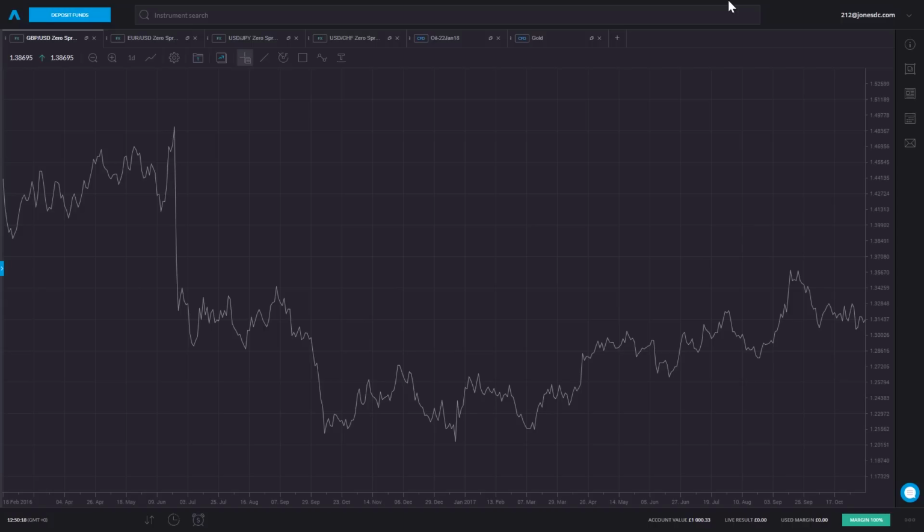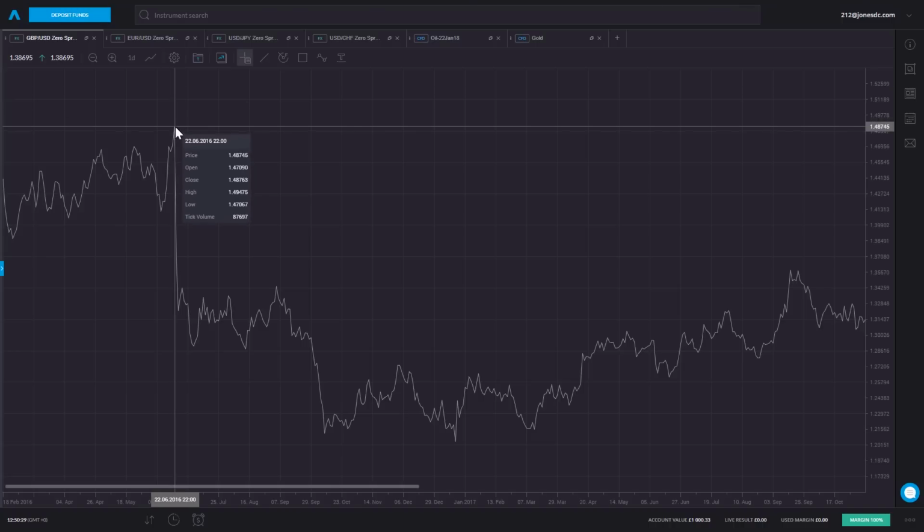And just another quick one to show how political events really can affect currency markets, because they are so tied to the country's economy and its political stability. Back here, this is the vote, of course, the famous vote for the UK to leave the European Union. The expectation was the UK population were going to vote to stay in. It ended up being something of a shock when the UK voted to leave and start the Brexit process.